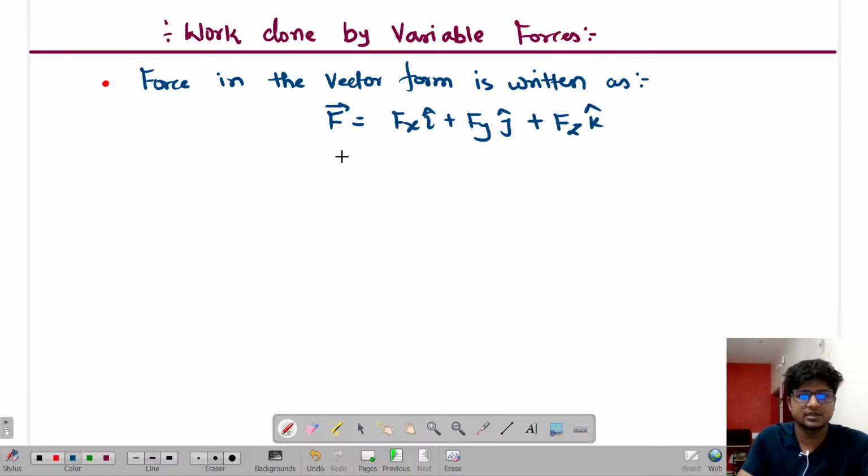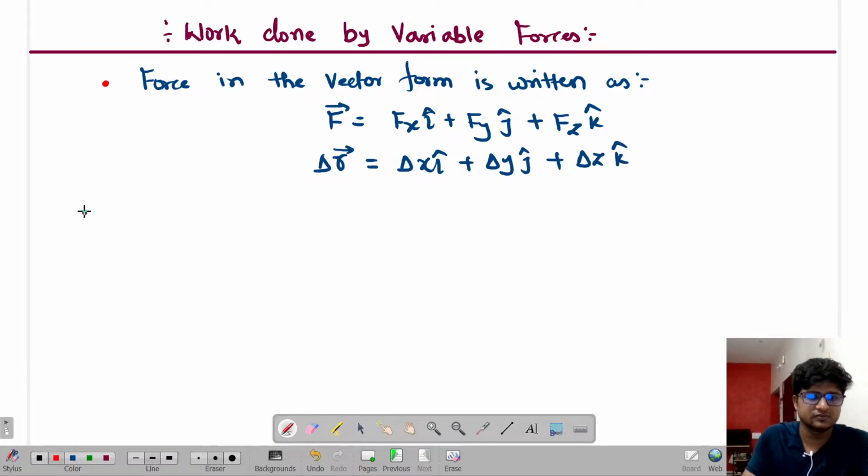Even I write my displacement vector, delta r vector, in this vector form, and we write it as delta x i cap plus delta y j cap plus delta z k cap.